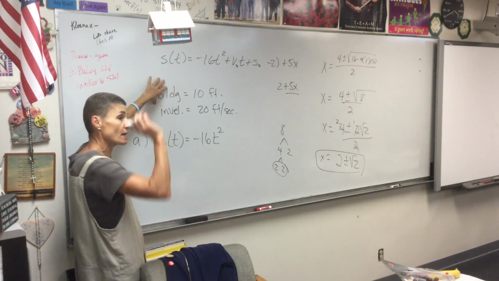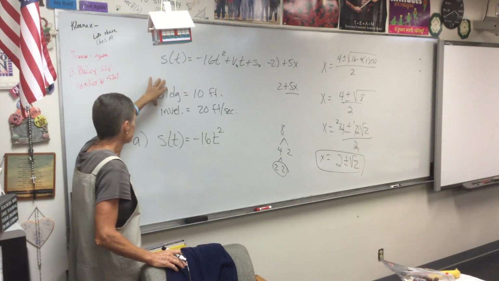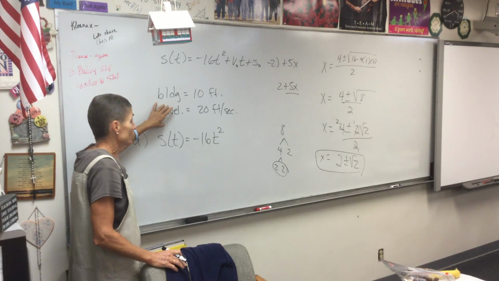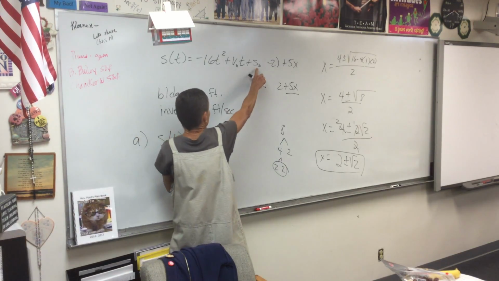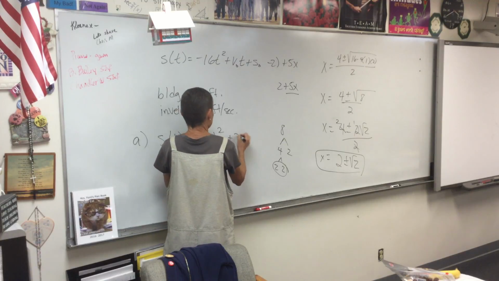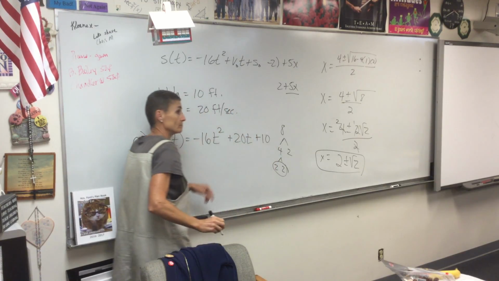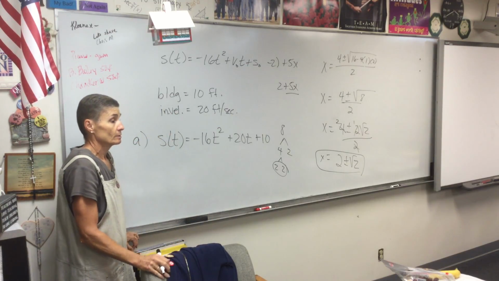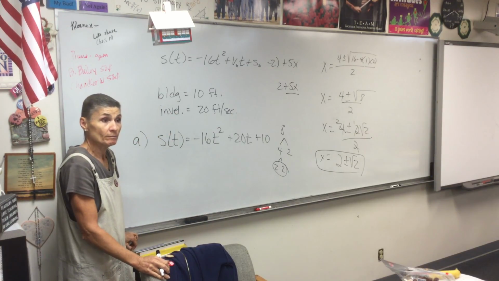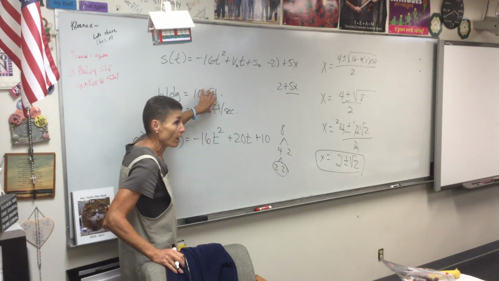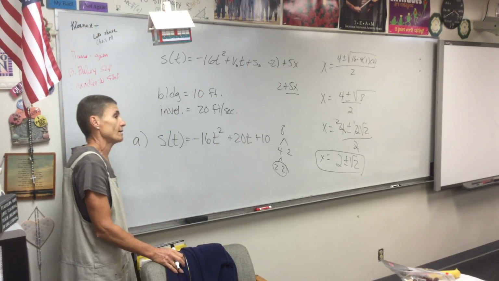We're throwing it from the top of the building, 10 feet tall, and the initial velocity is 20 feet per second. 10 goes to S. So the 10 goes here, and the 20 goes here. So it's going to be plus 20t plus 10. That would be my equation. And I get those numbers by reading the problem. Just read the problem. Okay.